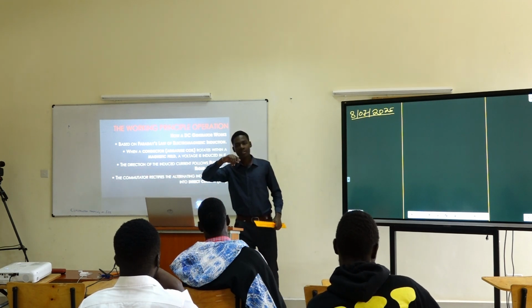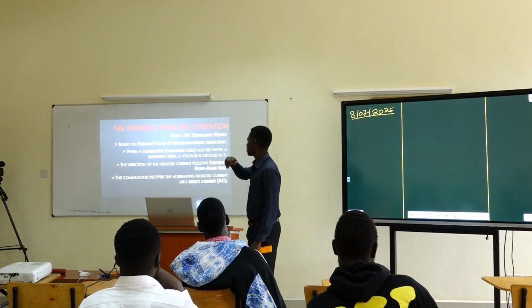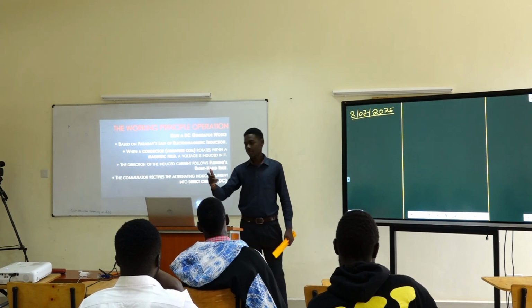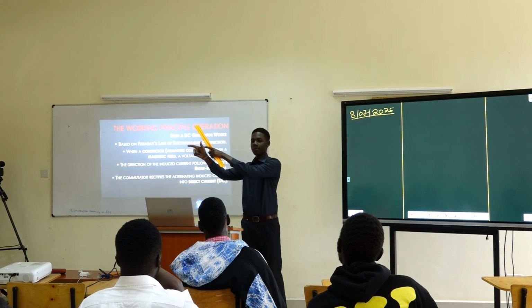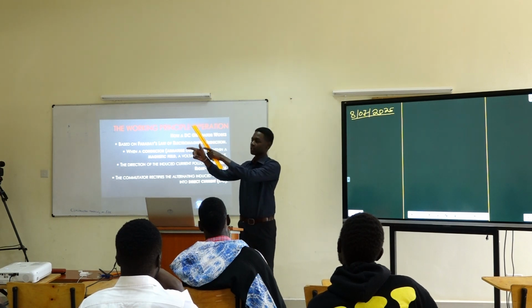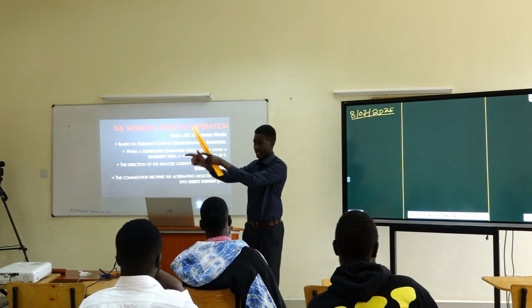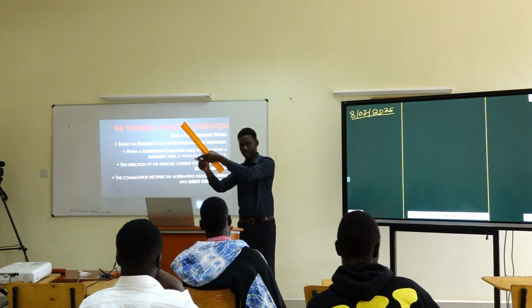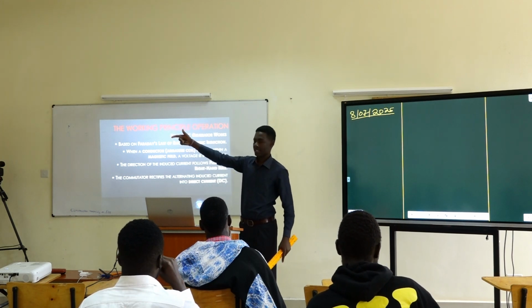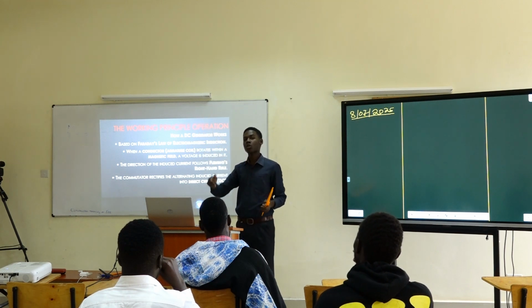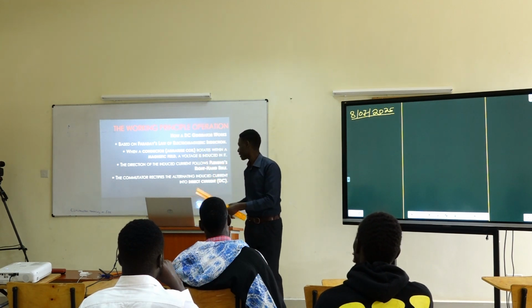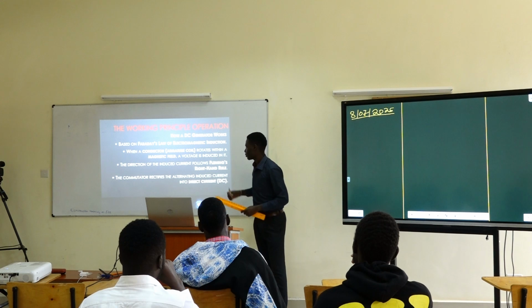From the previous class, we learned about Fleming's right hand rule. We put the right hand, and the thumb shows the direction of the conductor, the index finger shows the direction of the magnetic field lines, and the middle finger shows the direction of the electric current in the circuit.